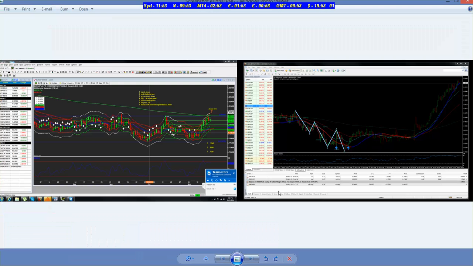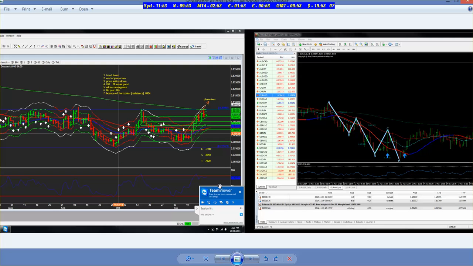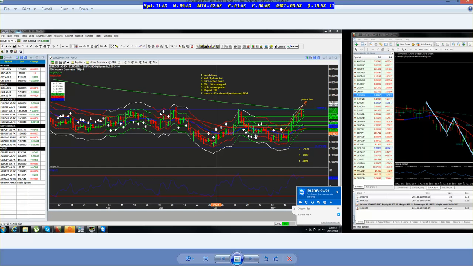Sent me this. Right. I'm not exactly sure what this is about. This is income generator. I don't mind you guys trading income generator, but you need to be doing some analysis, right? So trend down. It was euro pound.